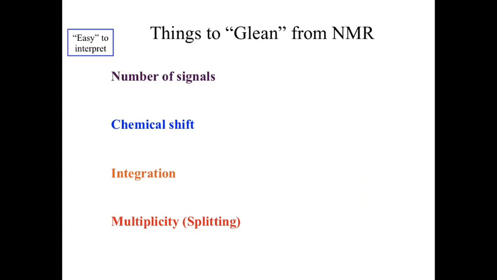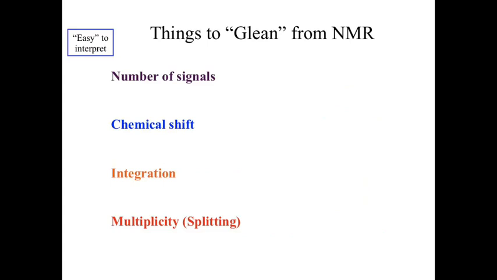And they range in difficulty as far as the interpretation, so you need to be aware of those limitations. So those 4 things, and we'll step through these a little bit, are the number of signals, your chemical shift, integration, and then multiplicity, which you'll probably also hear me say splitting, but multiplicity, as we'll talk about, makes a little bit more sense.